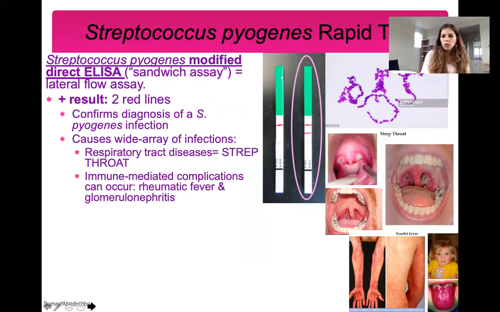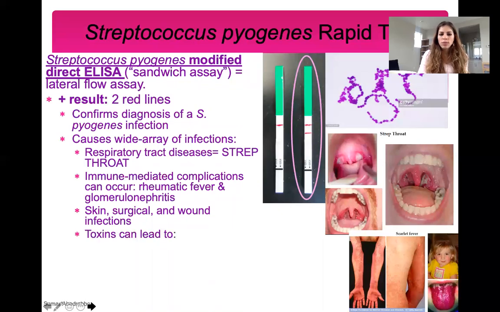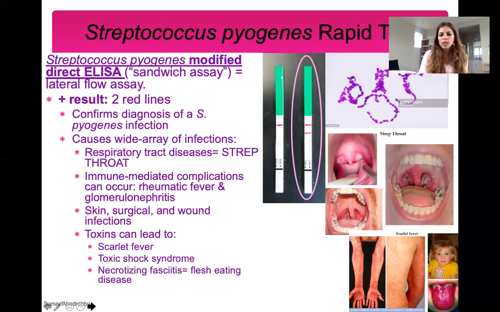They cause respiratory tract diseases and immune-mediated complications. Remember, we talked about glomerulonephritis and rheumatic fever, as well as skin, surgical, and wound infections. You can get toxins that can lead to scarlet fever, toxic shock syndrome, and flesh-eating disease. So this bacteria can cause a lot of very bad diseases, but strep throat is pretty common.